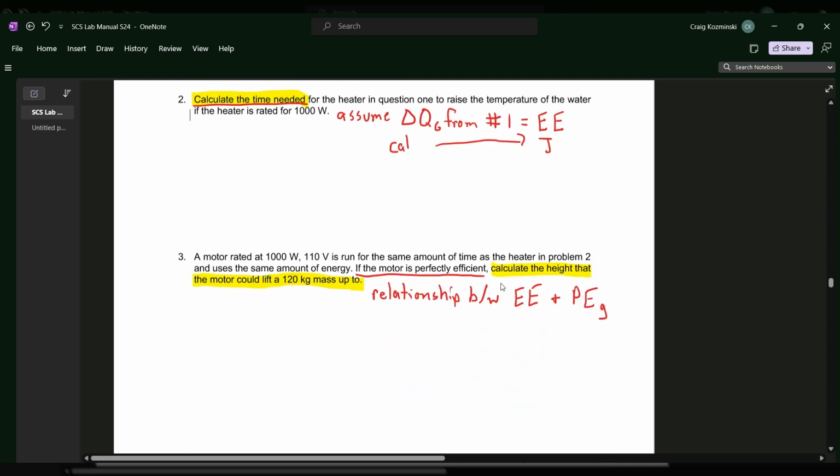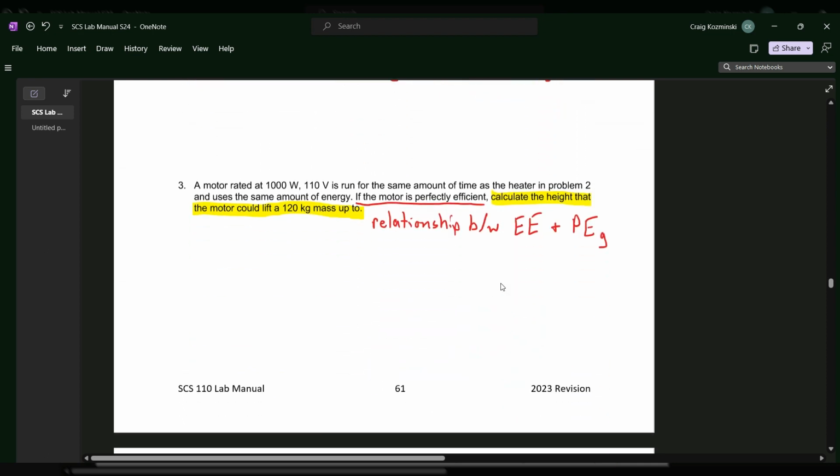Finally, in question number 3, it says a motor rated at 1,000 watts and 110 volts is run for the same amount of time as the heater in number 2. And so this is a bit of a hint that you're going to be using the time from question number 2. So your answer from 2 is going to be used in 3, and uses the same amount of energy.